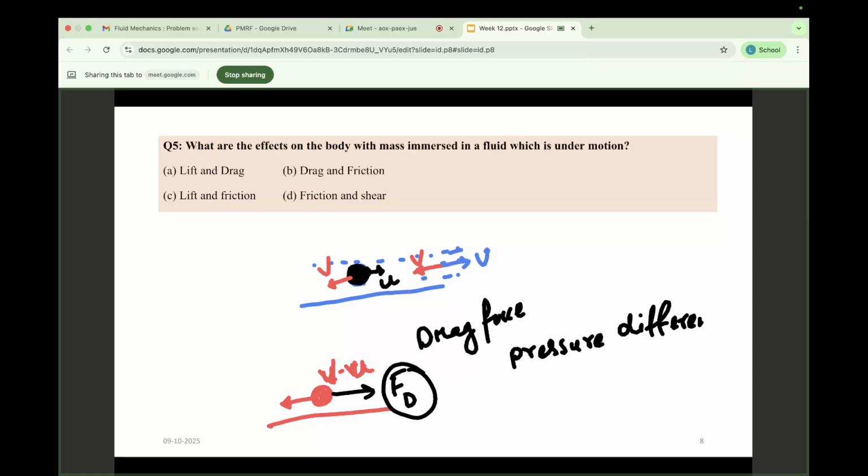For fluids, generally we represent it as pressure difference. Pressure and velocity are interlinked by Bernoulli's equation, right? So the drag force is basically caused by pressure difference and viscous shear, these two things.